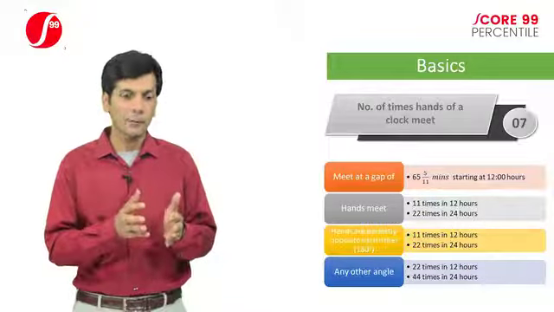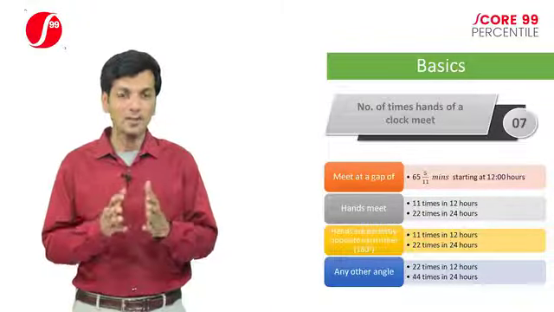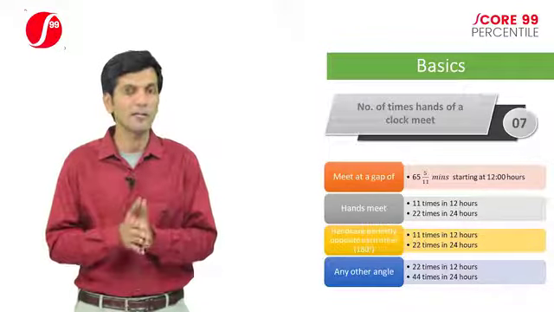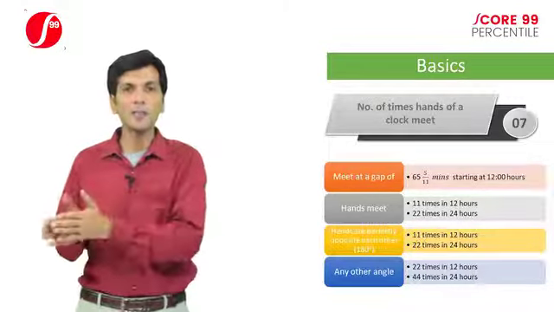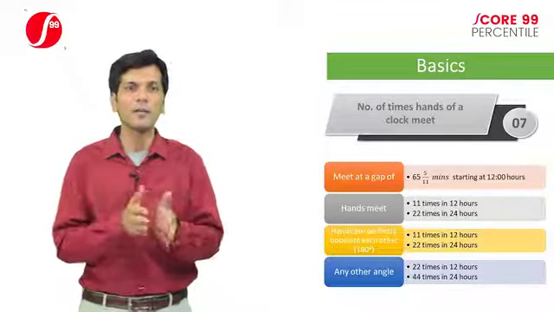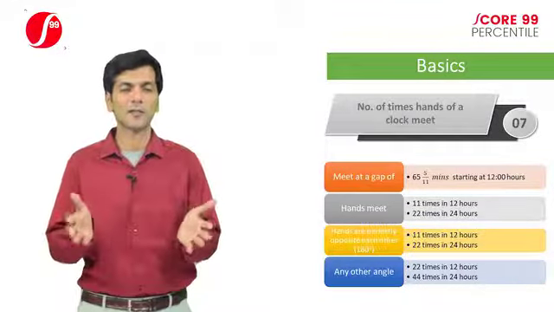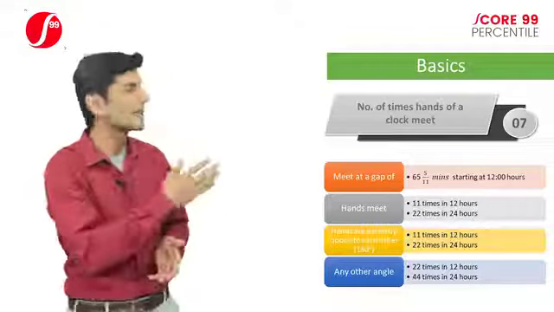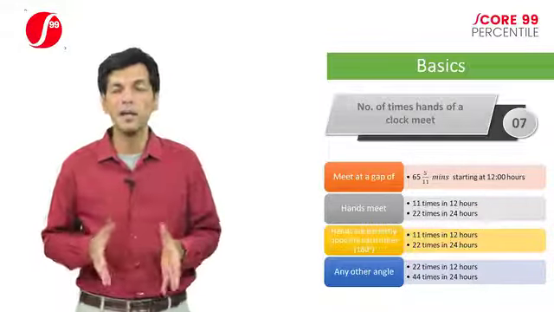Unless of course the minute hand is ahead of the hour hand by 60 minute spaces, they would never meet. So how many minutes would it take for the minute hand to be ahead of the hour hand by 60 minute spaces? All you have to do is a simple cross multiplication, and you will arrive at this value as 65 5/11.